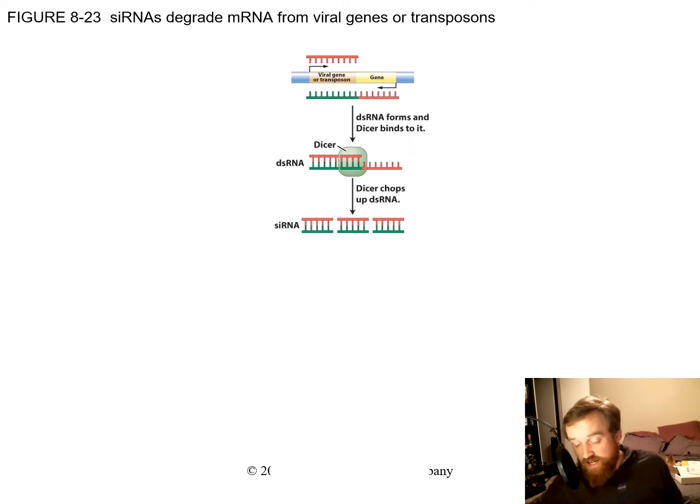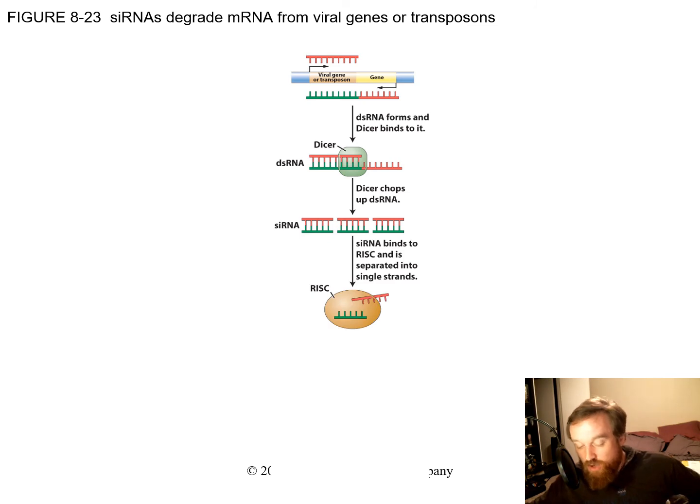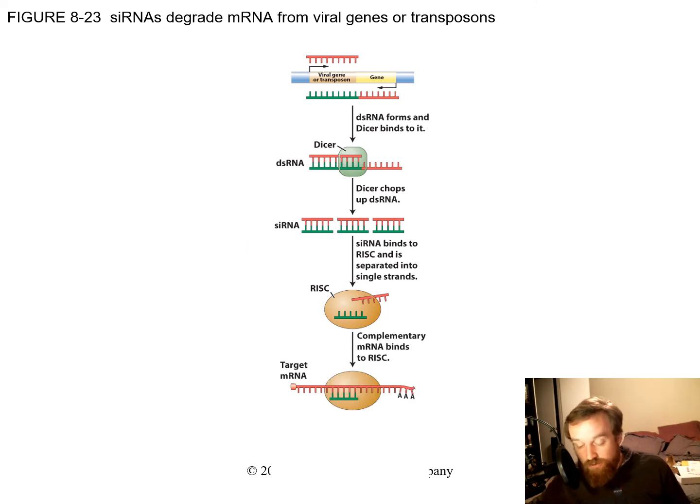Dicer will recognize that double-stranded RNA and chop it up into these small interfering RNA segments, which are then, just like in the miRNA case, incorporated into a RISC complex, which is a protein recognition complex, which will use half of that double-stranded RNA to look for complements, and it will search out for these target mRNAs that have that complement sequence.